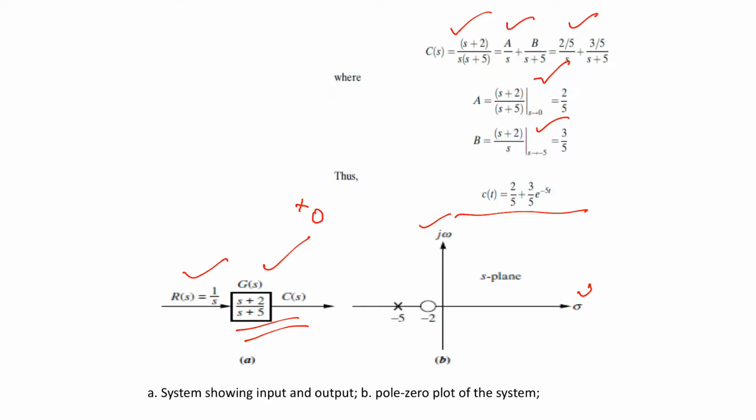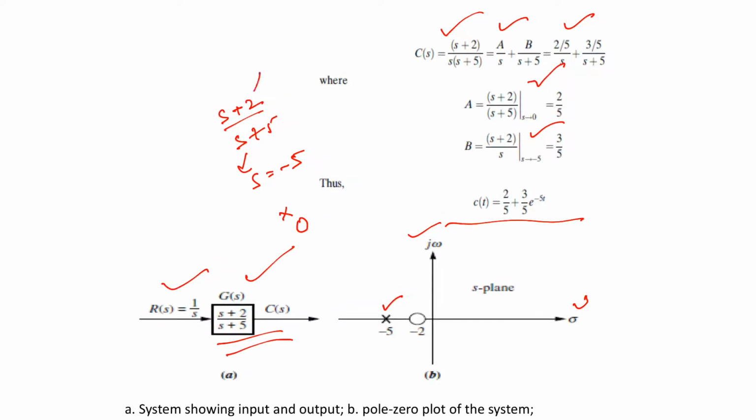In this case, s plus 2 divided by s plus 5, the pole is the root of the denominator, s plus 5, so the pole is at s equals minus 5, and the zero is at s equals minus 2.